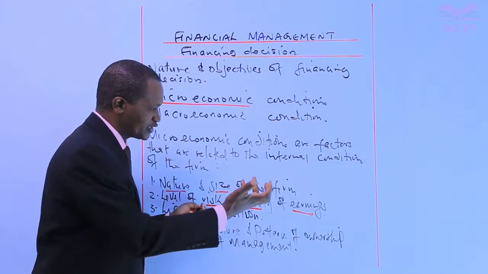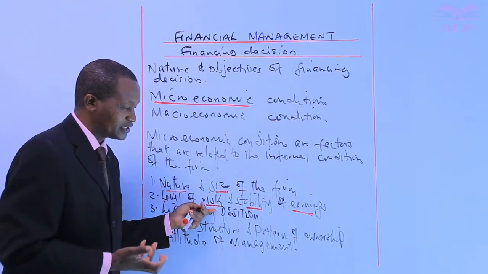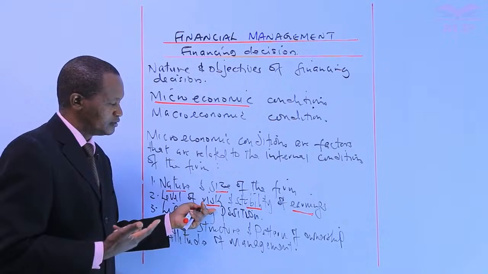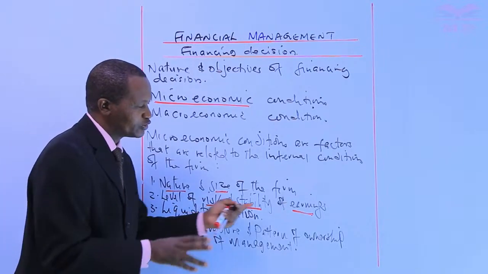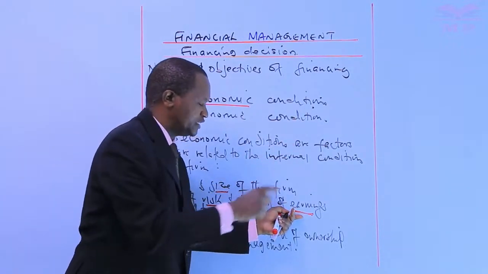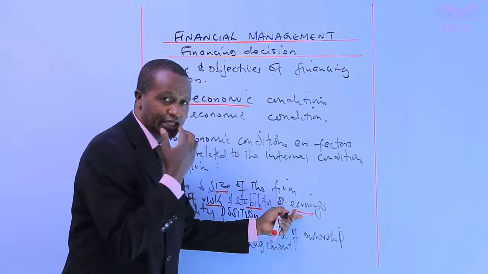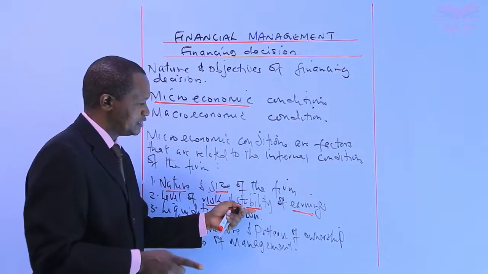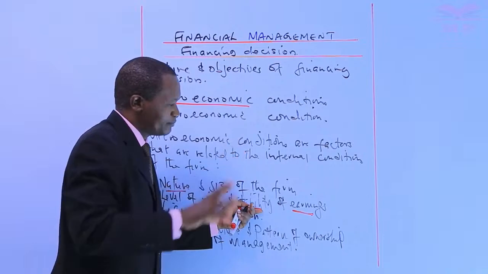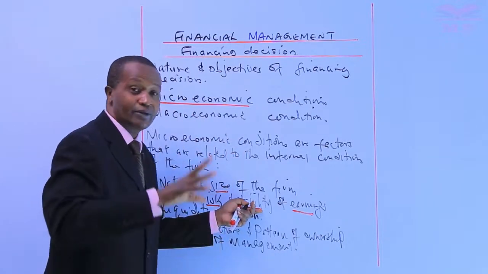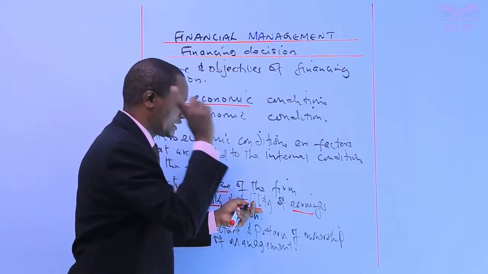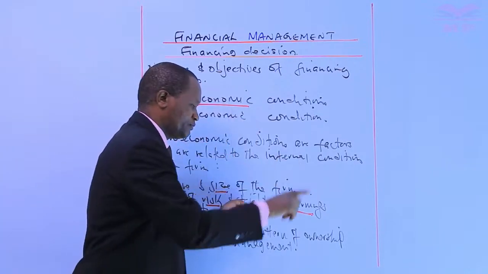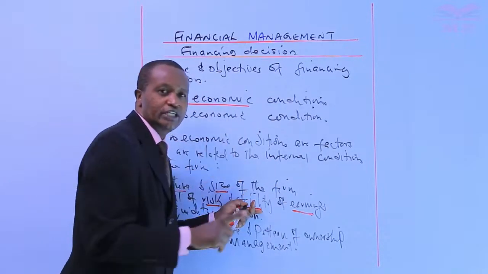And if a company relies on internal sources, that means the shareholders may not be paid, because shareholders are paid out of earnings. If they are not paid dividends, then the money is being retained. So the dividend policy of such a company will be different from a company that has stable income. A company that has stable income can easily get funds from external sources, from debentures, preference shares, loans, and so on.